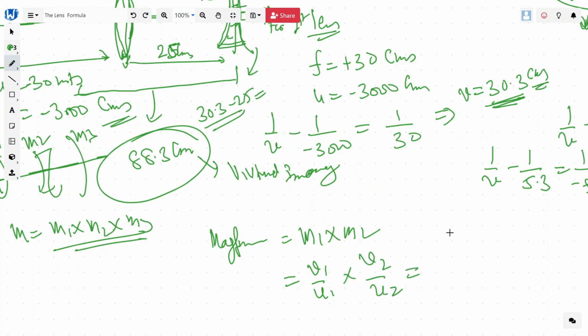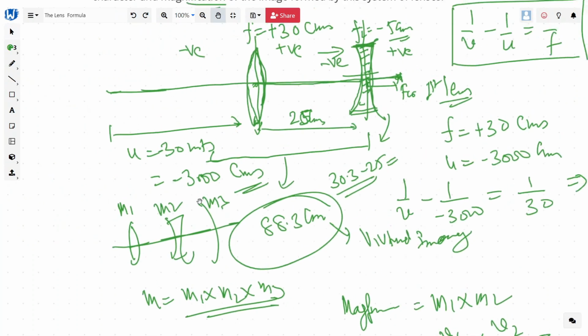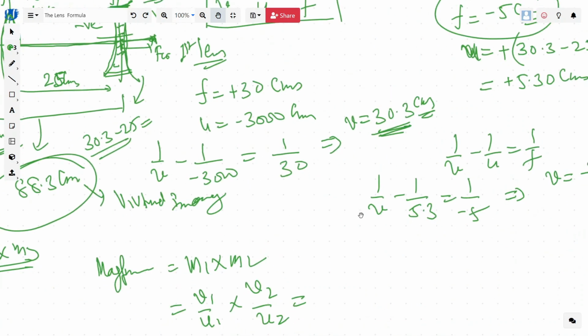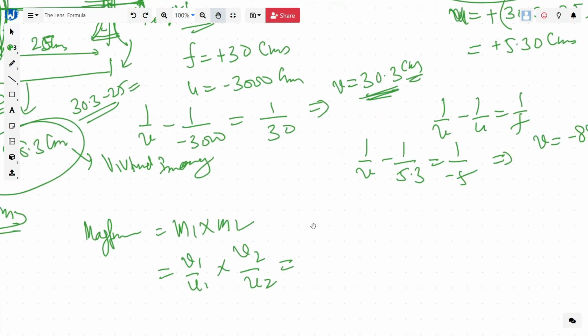Okay, now V1 for the first thing, right? Where is the V1? We already found that over here, which is positive 30.3. Okay, so let's write it down first. So before plugging in the numbers, V1 is positive 30.3 and U1 was minus 3000.